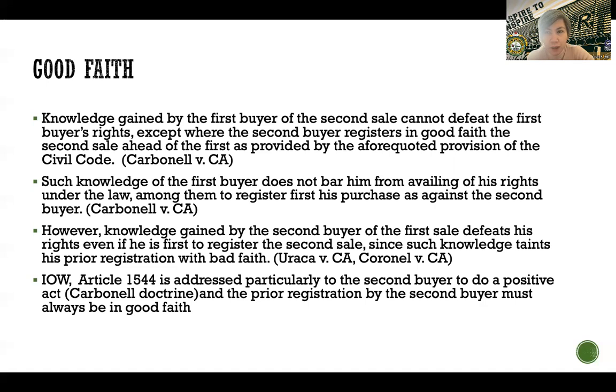So in other words, guys, Article 1544 is addressed in particular to the second buyer to do a positive act, which is to register the sale, and that registration of the sale must be made and must always be in good faith.